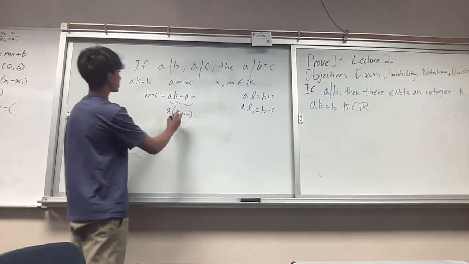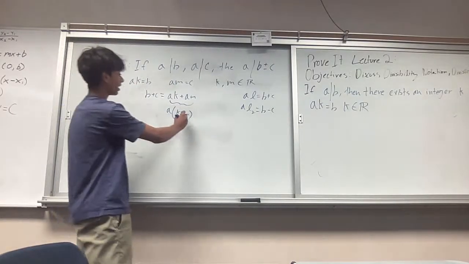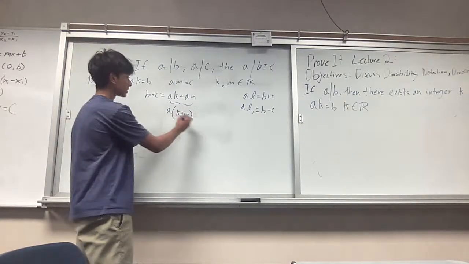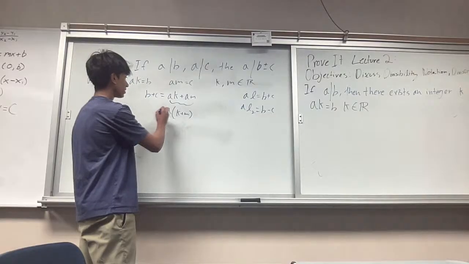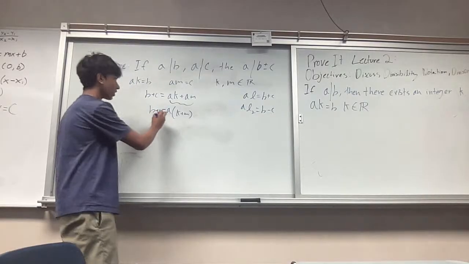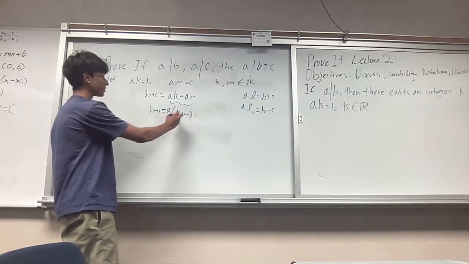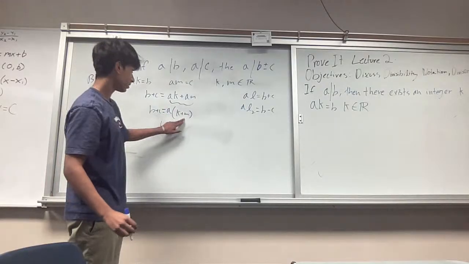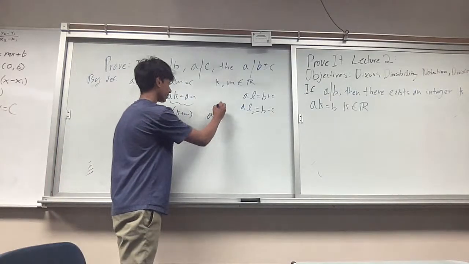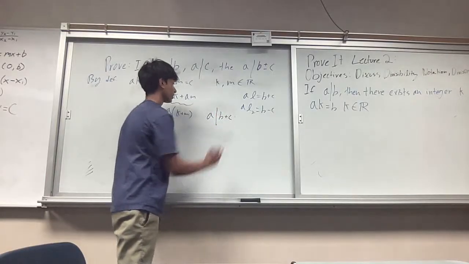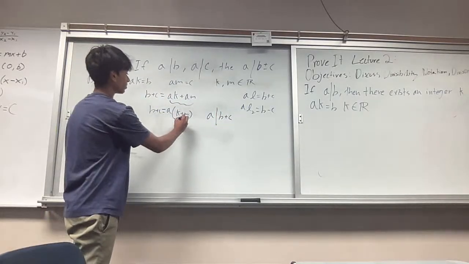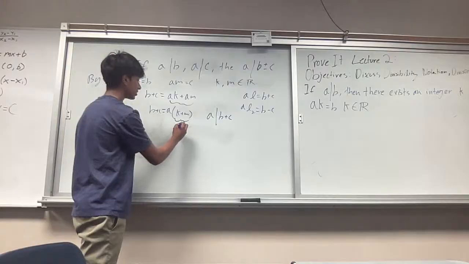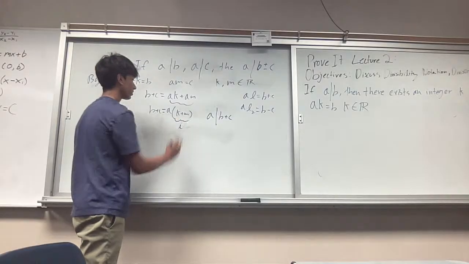And because K is an integer as defined over here, and M is an integer, K plus M is also an integer. So what does this show us? If B plus C equals A times an integer, what's true then? A divides. Exactly. A divides B plus C. We can substitute K plus M by some integer. Let's just call it I.